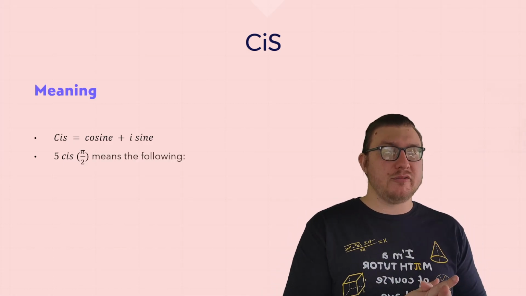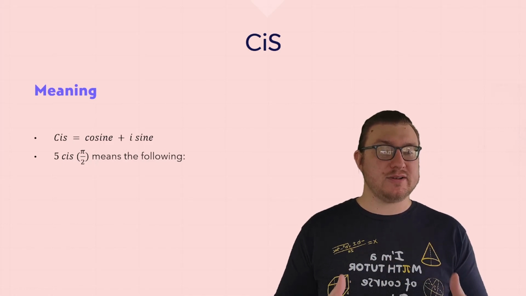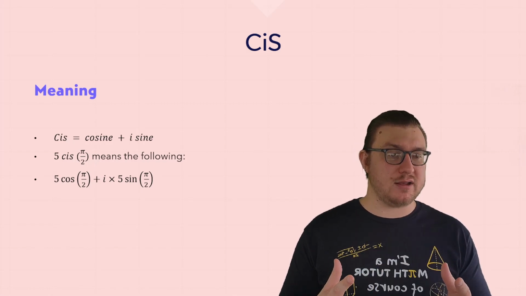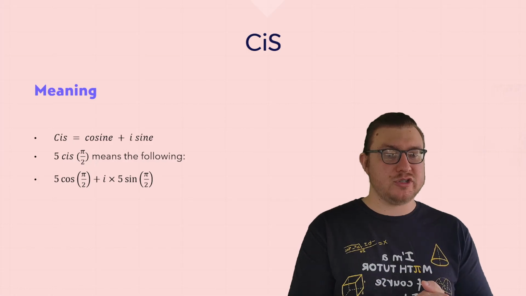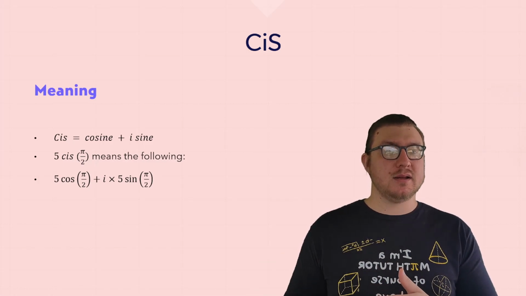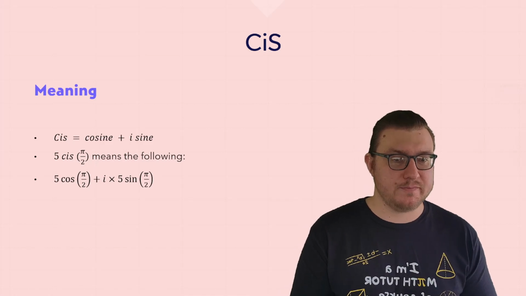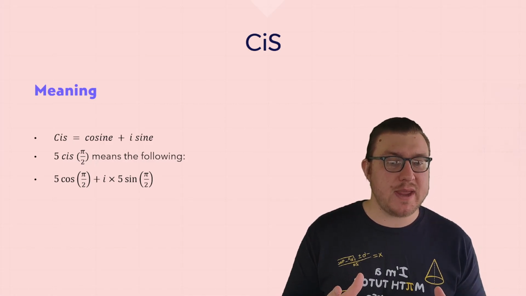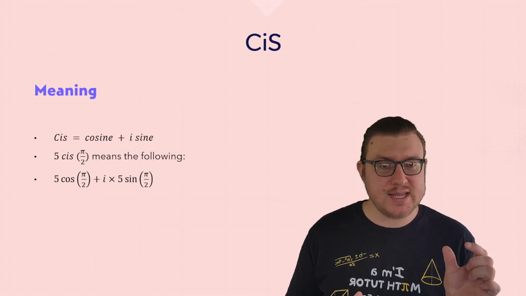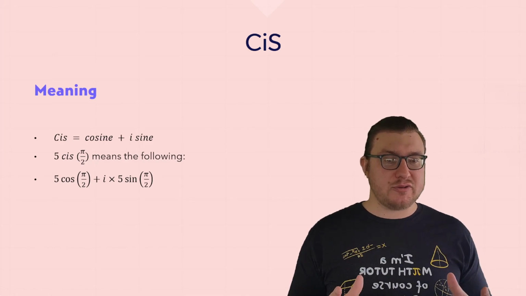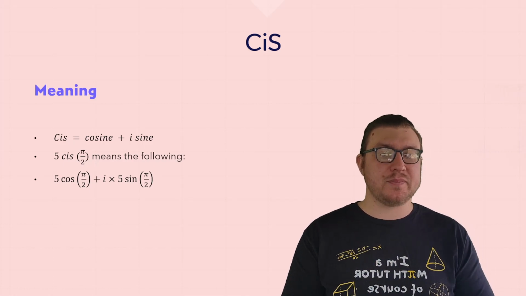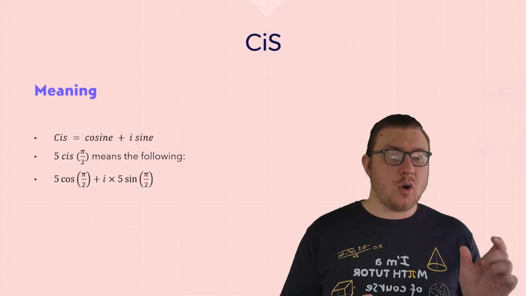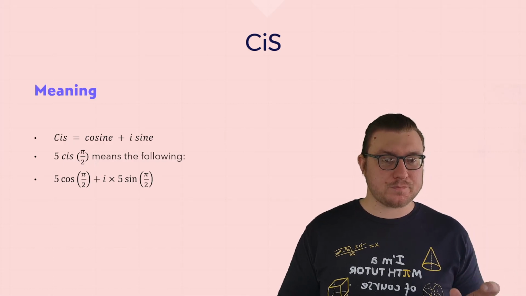5 cis pi over 2, however, now means the following. We're going to have 5 times cosine of the angle, 5 cosine pi over 2, plus i, 5 sine pi over 2. So if we wanted to expand this, what the abbreviation cis actually means, we need to write it as cosine of something plus i sine of something, and here we can see the i is always linked to sine.